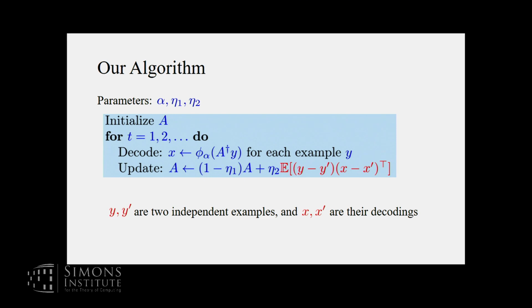So you get a matrix out of this. Here y and y prime are two independent examples, and x and x prime are their corresponding decodings. We need to use some polynomial number of examples, but here I just take expectation for simplicity.